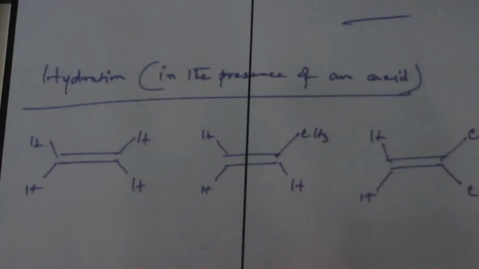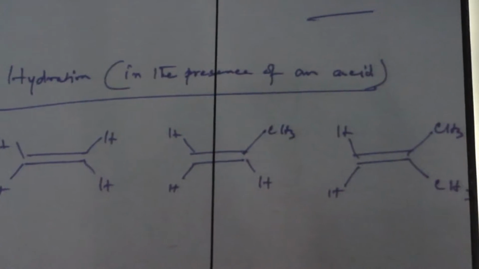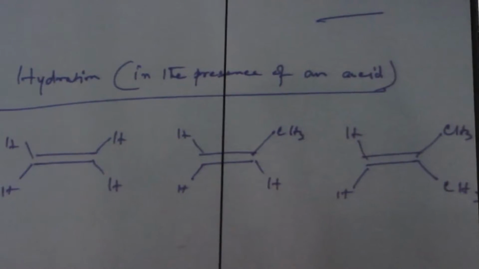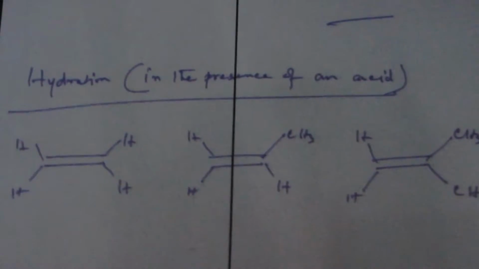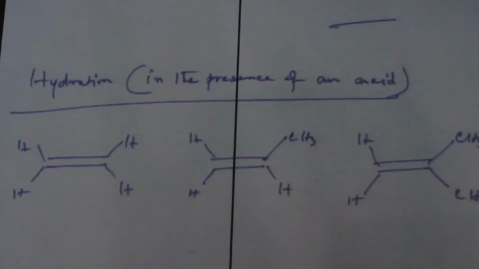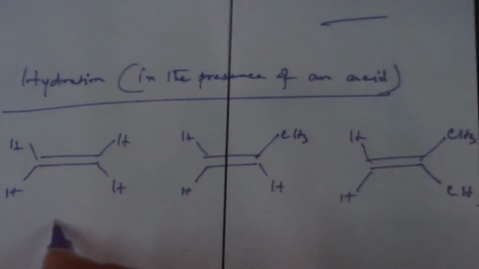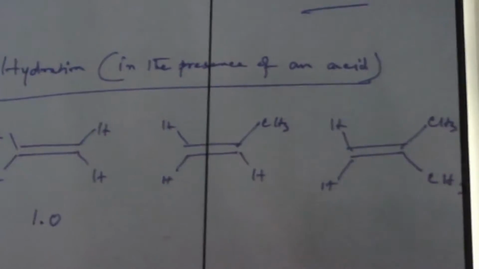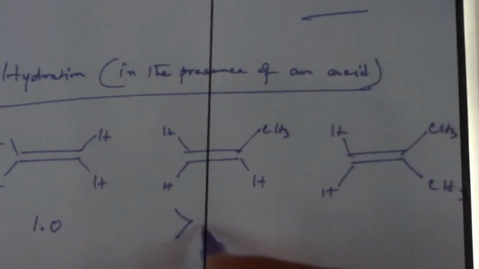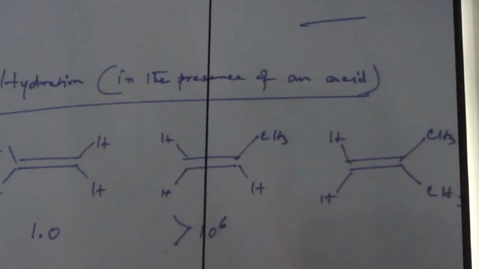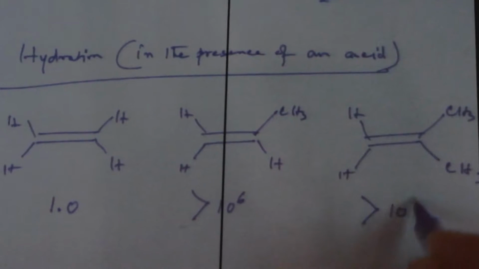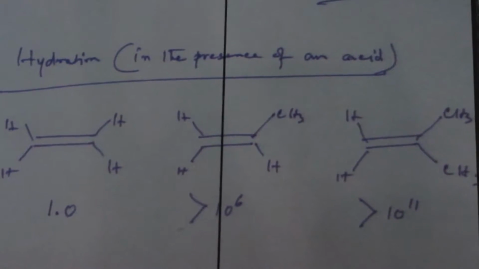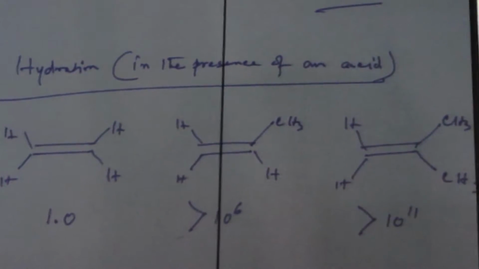If you carry out this reaction to add hydrogen and OH across the double bond, then the rates, assuming this is 1, this is greater than 1 million, and this is greater than 100 million. So the rates are enormously different.